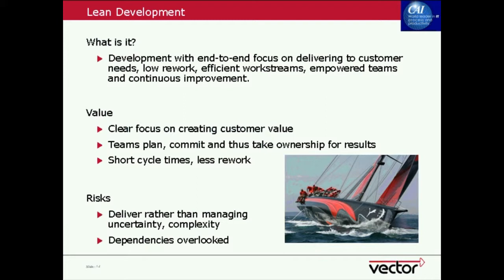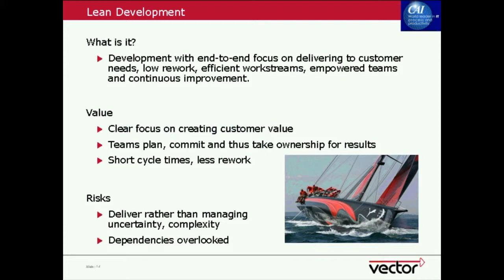Now, one can argue this is in line with Agile, and in fact there's a couple of overlaps in these principles. A major difference is that Lean takes much more this end-to-end focus than many of the Agile paradigms, which look much more on specific things like Scrum and project management, or extreme programming related to implementation, feature-driven development related to increment planning.